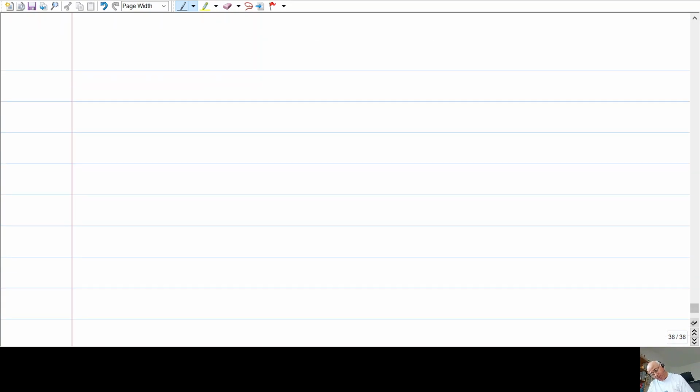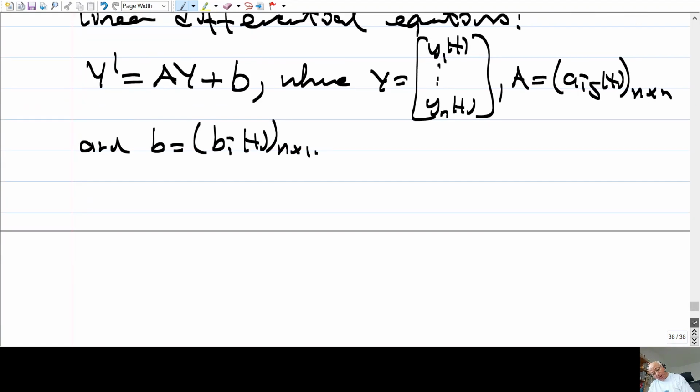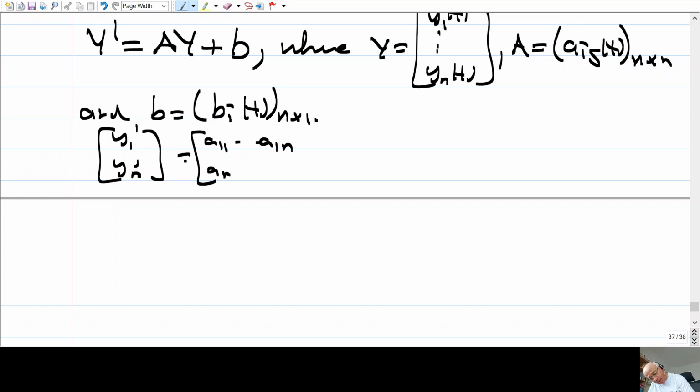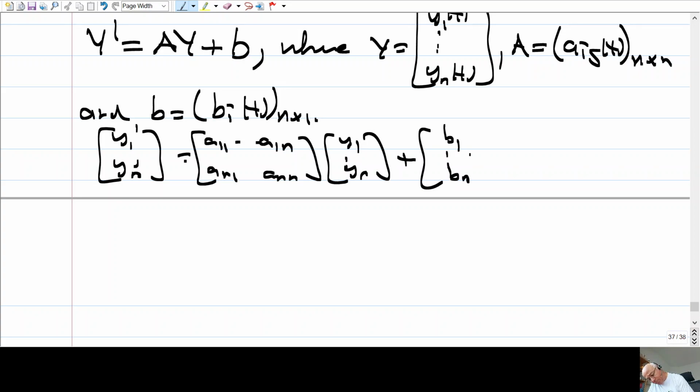Okay, so if I write this in open form, I will have y1 through yn here, and then a11, a1n, an1, ann here, and then y1 through yn, and then plus b1 through bn. Okay, this is the open form.